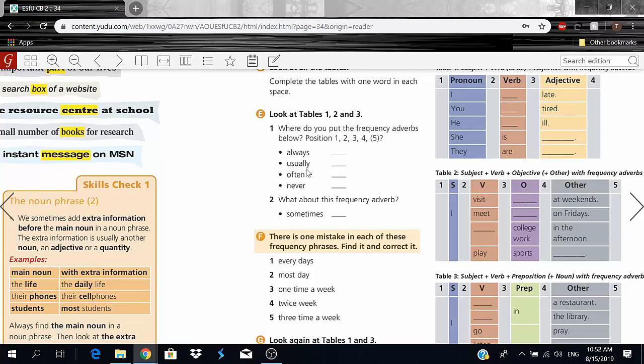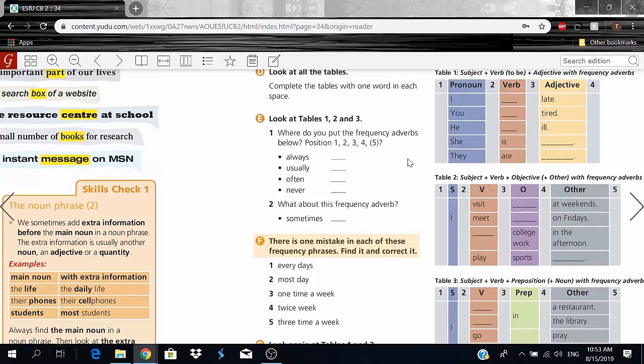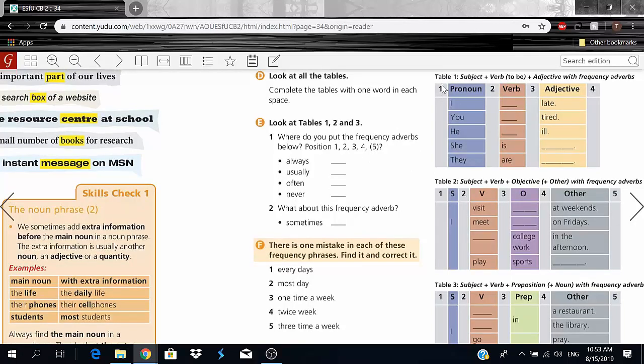And in which position do we use these frequency adverbs? So we have position 1, 2, 3, 4, and sometimes 5. So let's take a look at these. We have position 1, as you can see here as well, here as well. 2, 2, 3, and you always got to take note of the position and what's after and before the position.